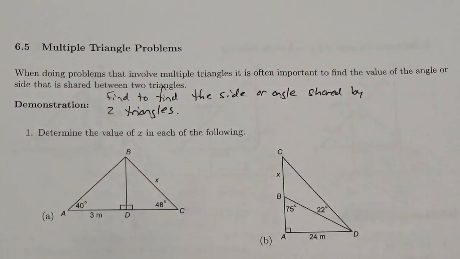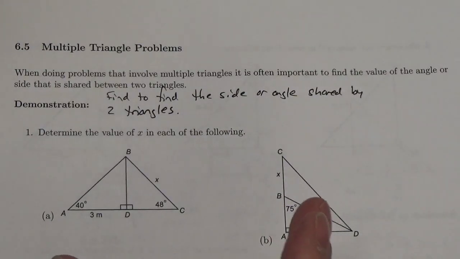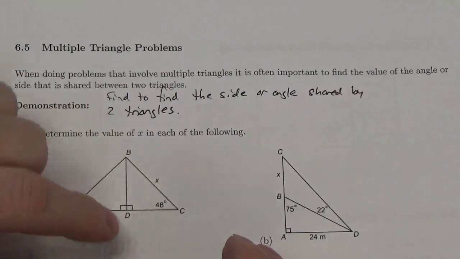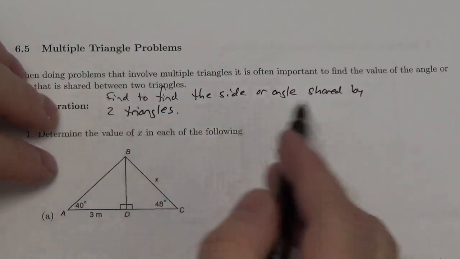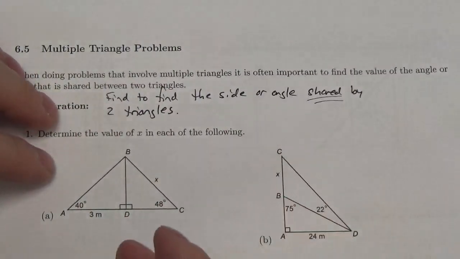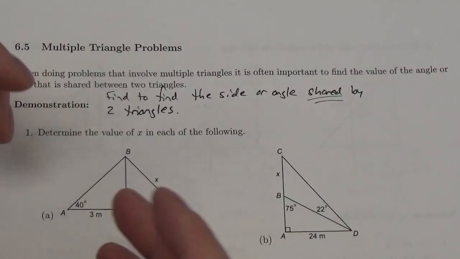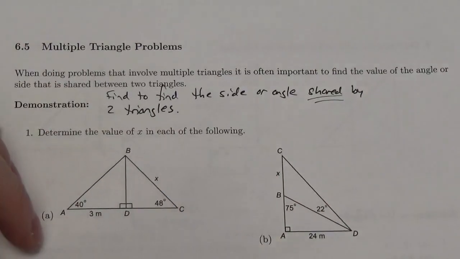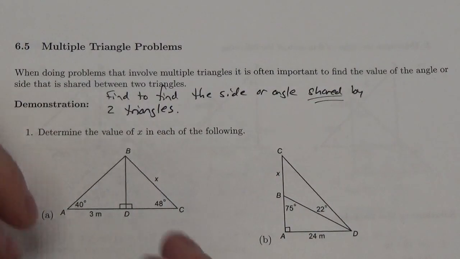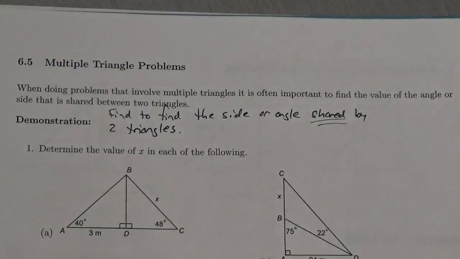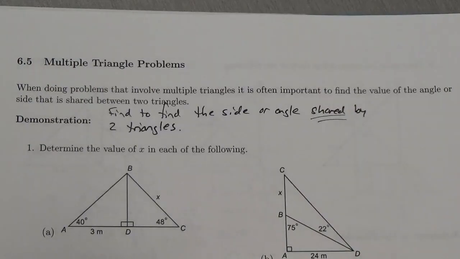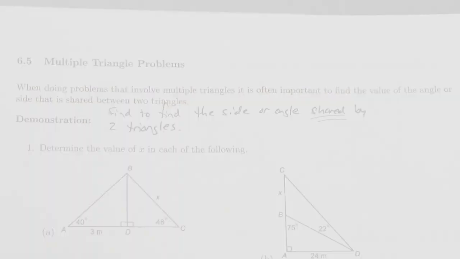Usually if you can find that piece that's being shared, normally there's a bit of information that you're given in one triangle that's enough to find that shared bit, and then once you know that bit, you can move into the other triangle and then work to solve whatever it is that you're ultimately being asked for. That really is the procedure that we're going to follow here. Anyway, so let's jump into a couple of examples just so you can see what it looks like when we answer these kinds of problems.